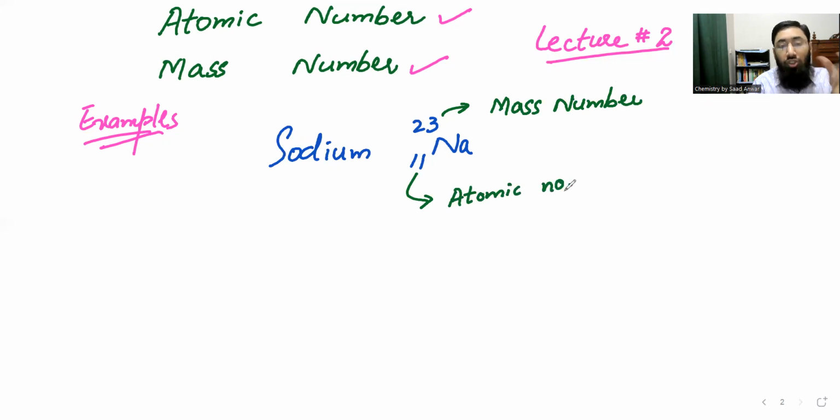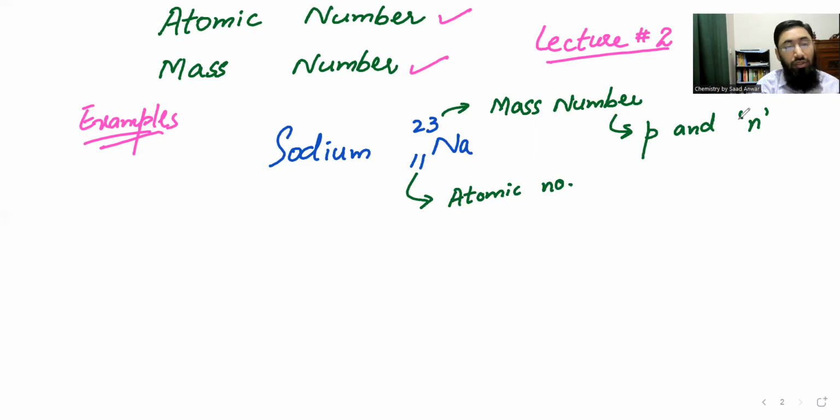Atomic number tells us the number of protons present in an atom, and mass number tells us the number of protons and neutrons both. Remember, the bigger number is the mass number, massive.